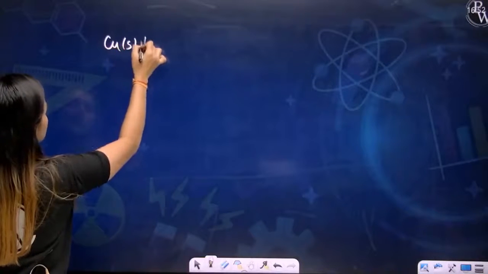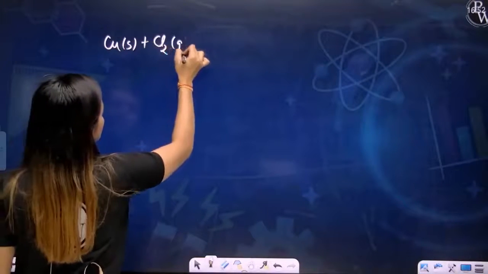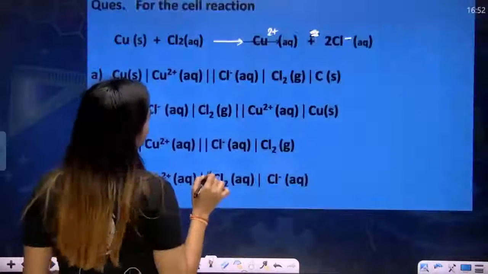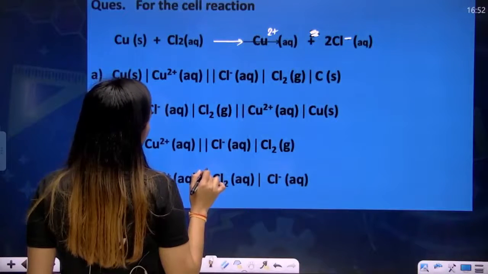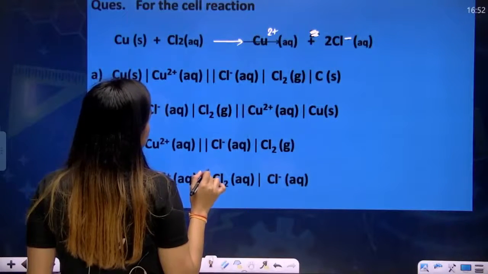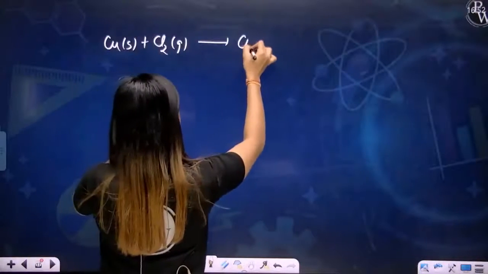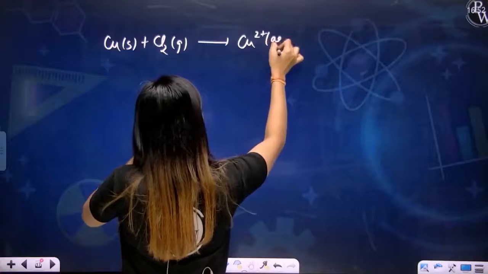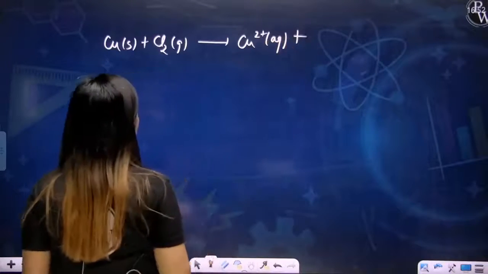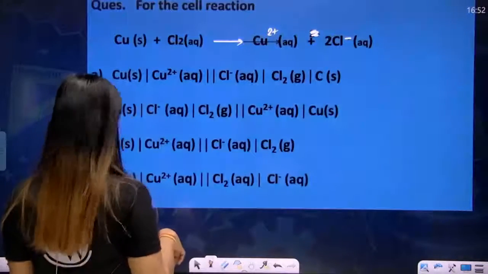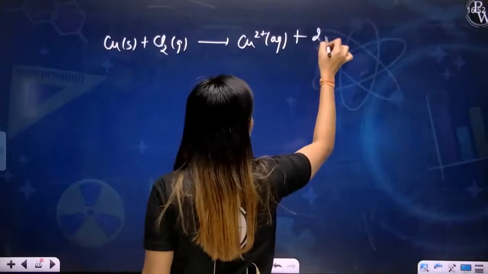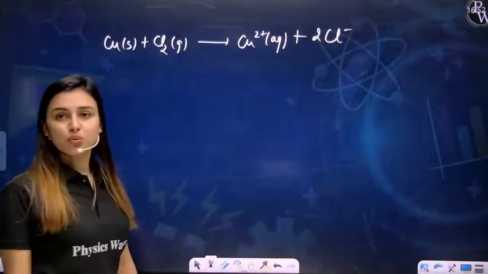Copper solid plus Cl2 gas gives you Cu2 plus aqueous plus 2Cl minus. Now let's try to do this question ourselves.